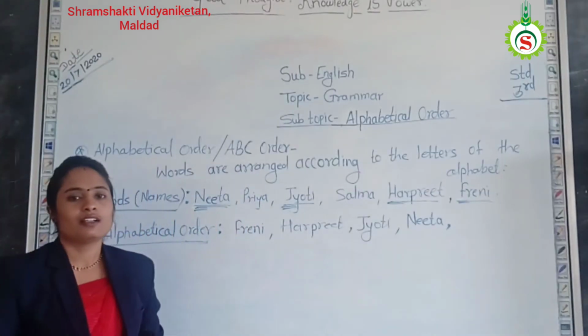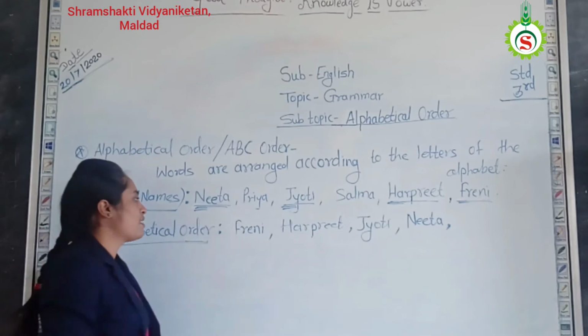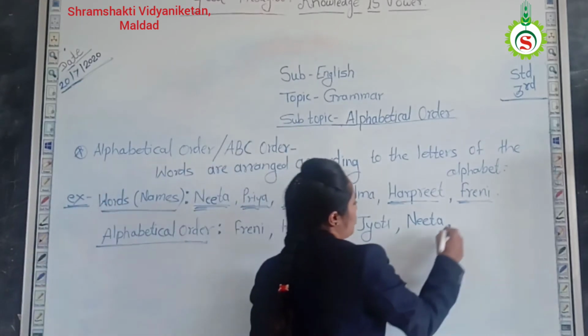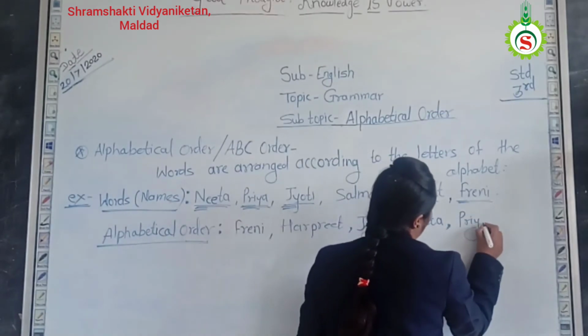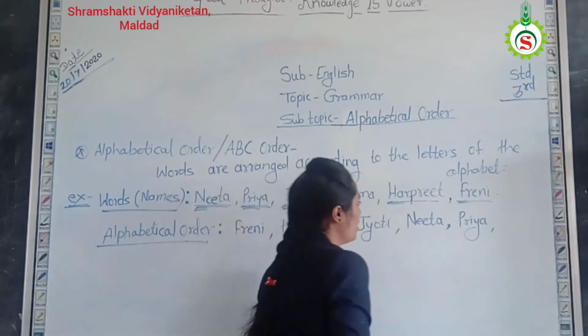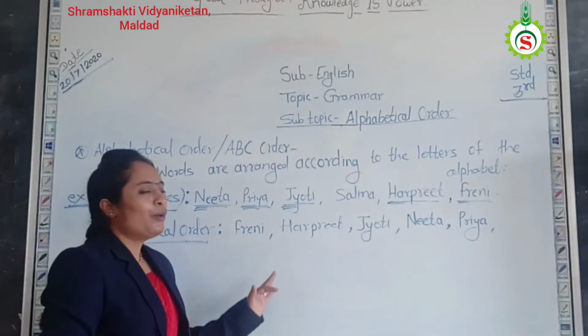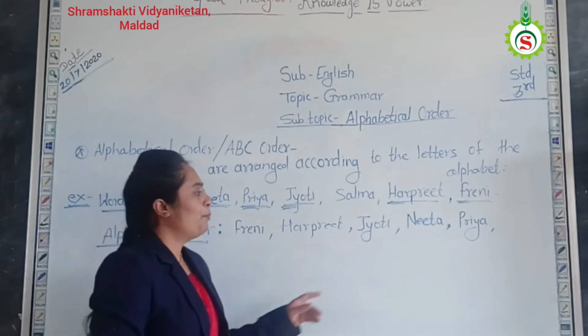After N, O, P, yes, Priya. Priya starts from P. So we write the next word, Priya. Then after P, only one word remains.